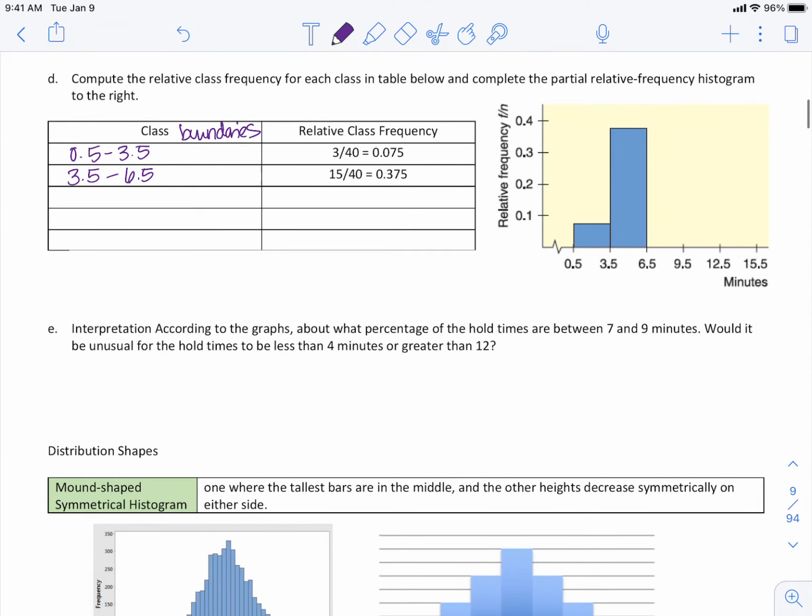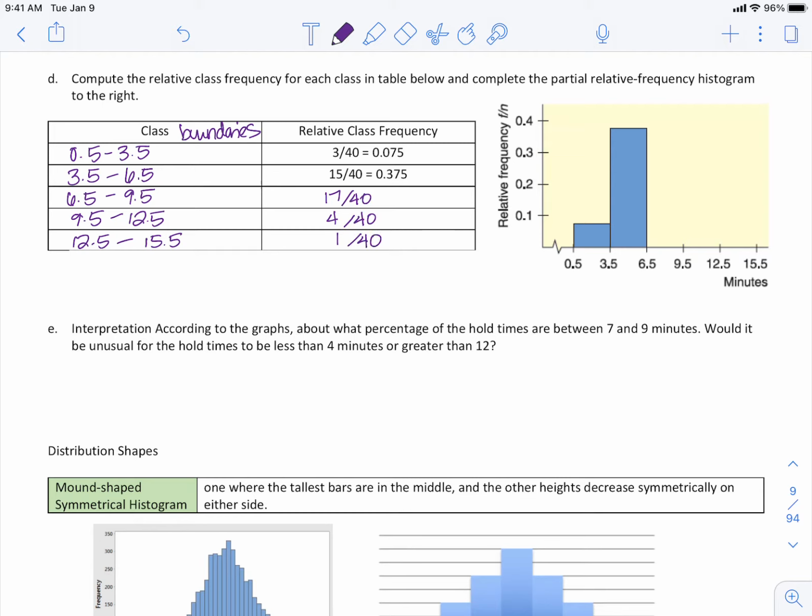Then we have 6.5 through 9.5, 9.5 through 12.5, 12.5 through 15.5. Now our relative class frequencies, I'm going to list the frequencies. We had 3, 15, then we had 17, 4, and 1. The total we know is 40, so we're going to divide each of these by 40.